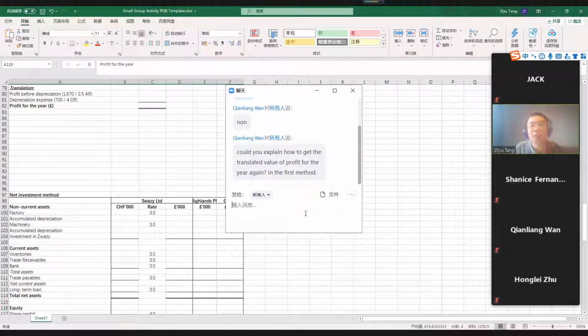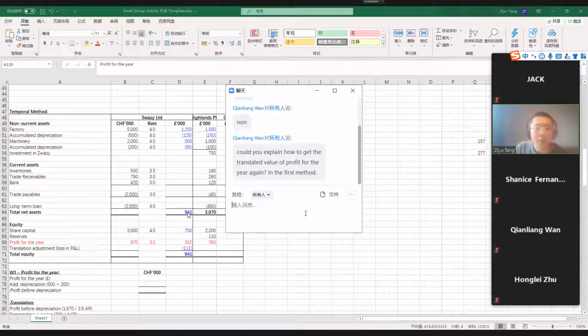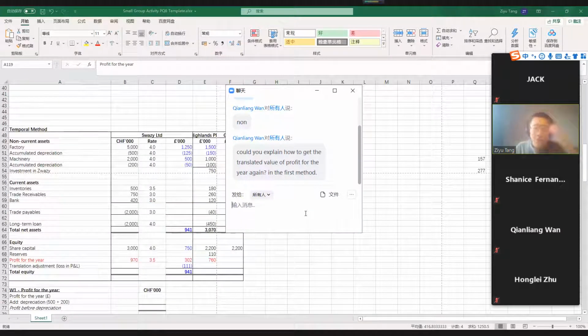Okay. So first, you understand the concept of why we need to make an adjustment. It is because when we calculate the profit for the year, we use 3.5, the average exchange rate, to translate the profit for the year. But actually, the depreciation is translated at the historical rate, right?